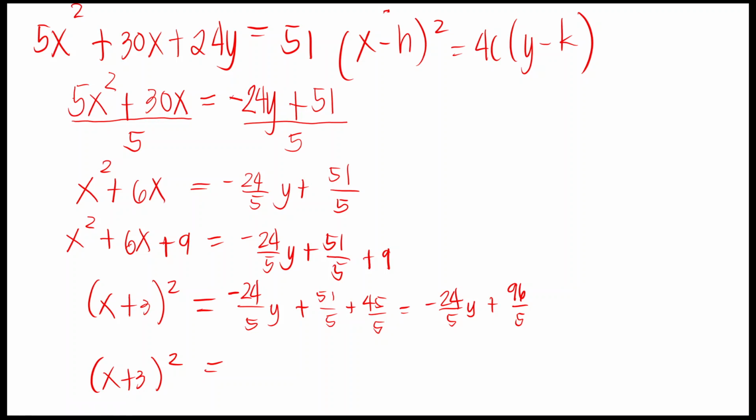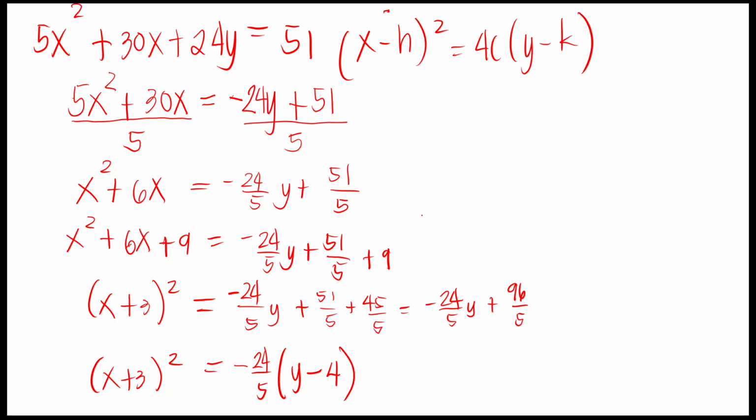So we factor out negative 24 all over 5. What's left with negative 24 all over 5 y is y. And for 96 all over 5, if we factor out negative 24 all over 5, we should get negative 4. You can check this by redistributing negative 24 all over 5 to both terms, and you should get the original negative 24 over 5 y plus 96 all over 5.